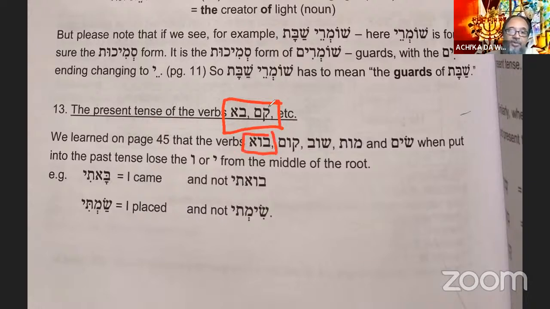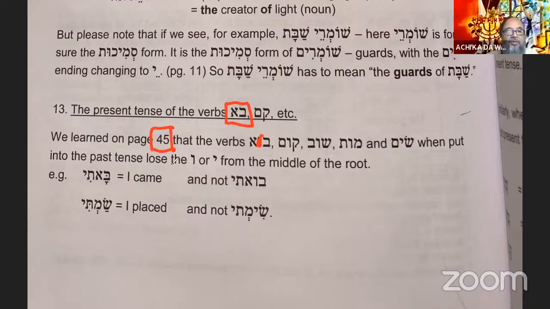So this one right here, kum, fully spelled out, looks like this. So you have this, and then you've got the vav and here, and then you have the mem. It's exactly the same thing. They mean exactly the same thing. The only difference is that they removed this, and all that was left is this, but it means exactly the same thing. And of course, on page 45, they explain the reason why.